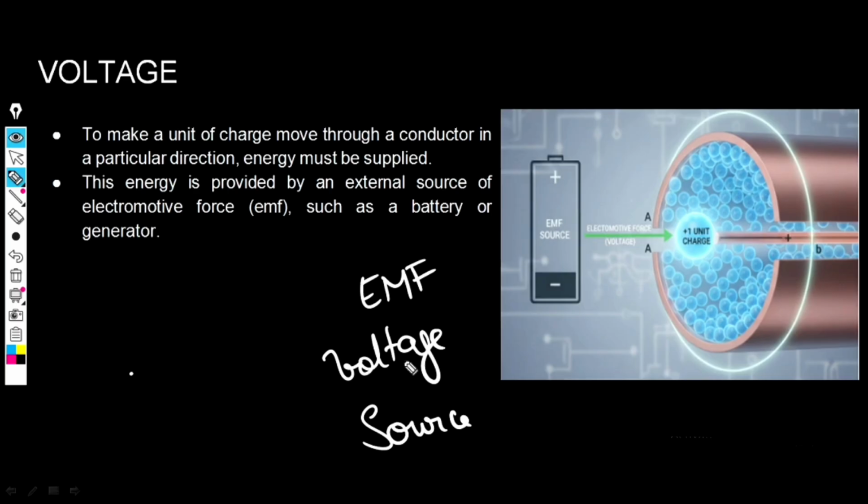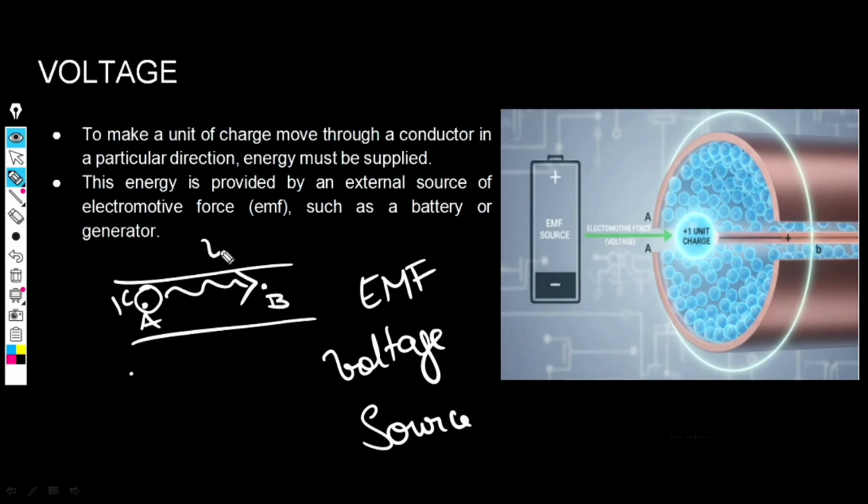But when you call something as voltage or potential difference, it can exist around any element. What it actually means is, if there is some charge here at some point A, and this is some point B, the energy experienced by unit charge over here, which pushes it and moves it to this particular point B, is voltage or potential difference.